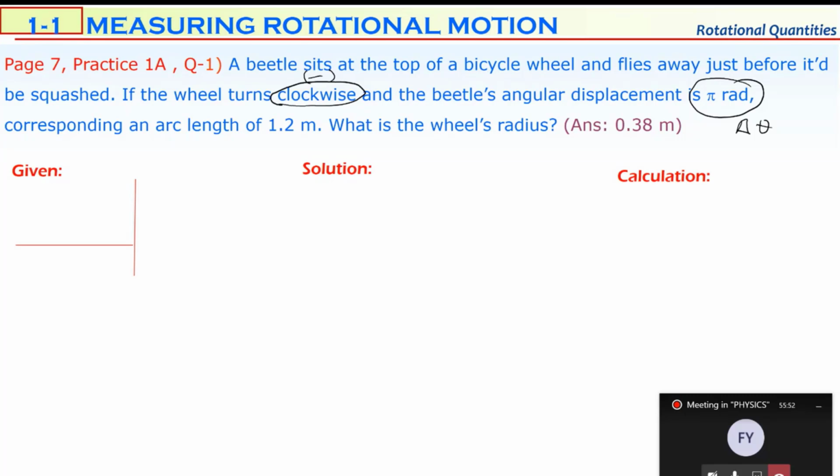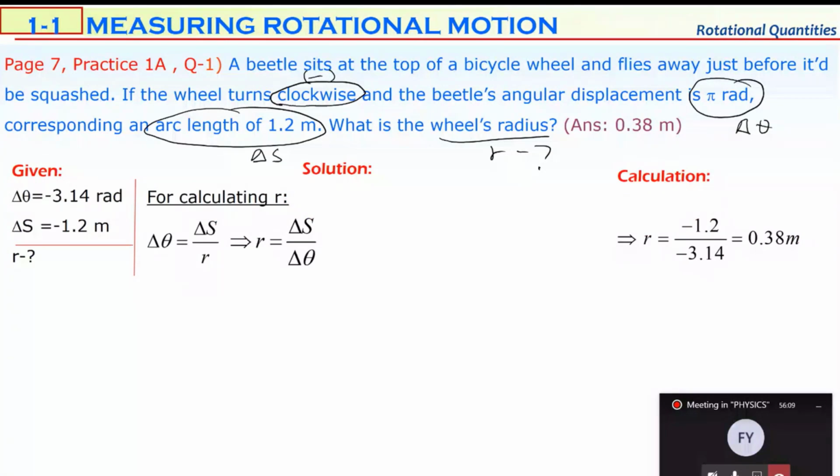And the corresponding arc length for the beetle is 1.2 meters. Arc length, delta S, is 1.2 meters. What is the wheel's radius? Calculate R. This is the question. Now, as we said, let's check the directions.